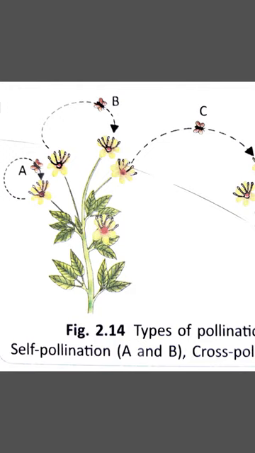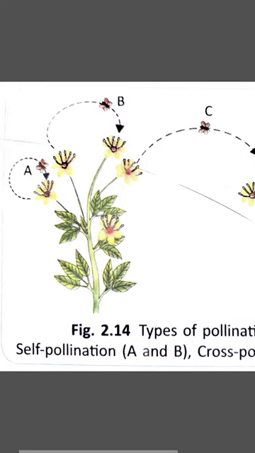That is known as self pollination. But when the transfer of pollen grains is from the first flower to the stigma of another flower of the same species, that is known as cross pollination.